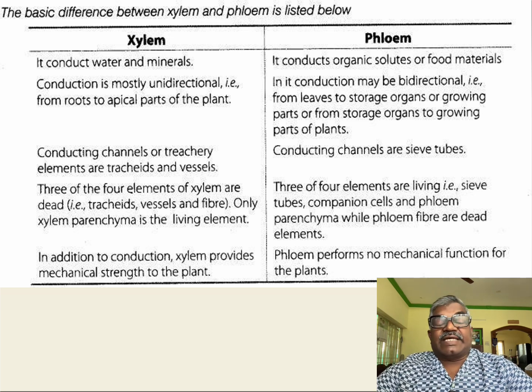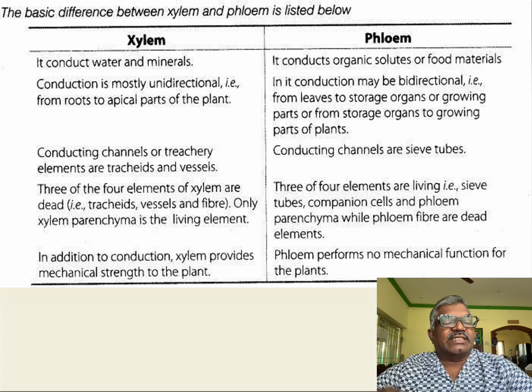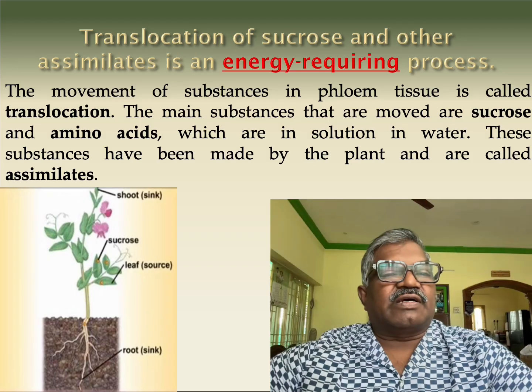Xylem conduction is unidirectional, that means one way, from bottom to up. But phloem is bidirectional, it works in both directions. These are the differences I explained, including which are dead cells and which are living cells, so you should understand how to differentiate them with some points.